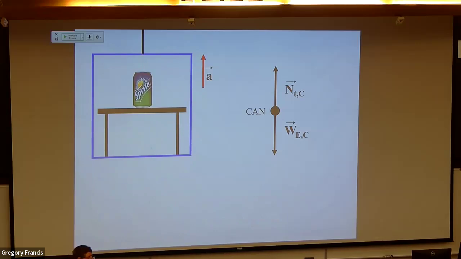Is that elevator going up to the 10th floor or down to the lobby? We don't know. If it's going up to the 10th floor, it's speeding up. If it's going down to the lobby, it's slowing down. And both of those feel exactly the same. If you don't have windows in your elevator or buttons that light up, you don't know which it is, okay?